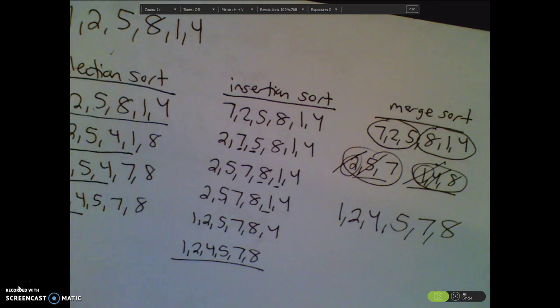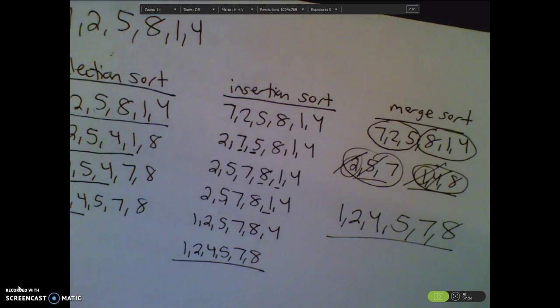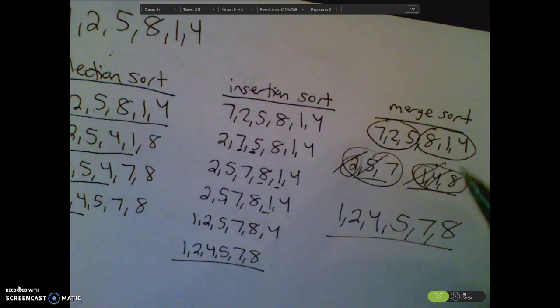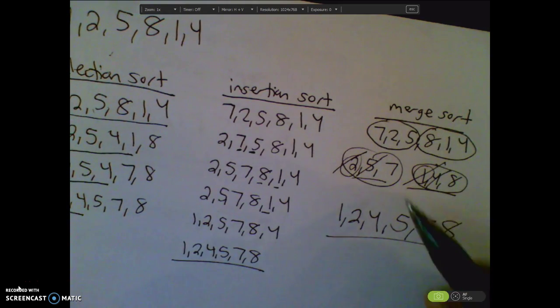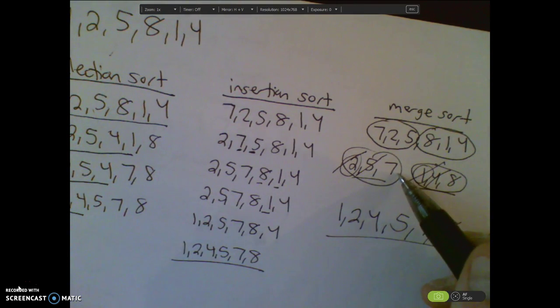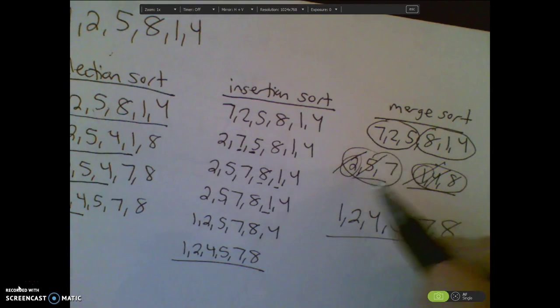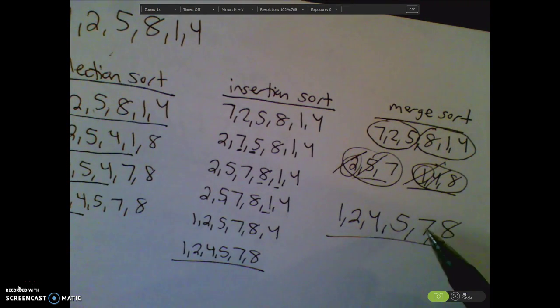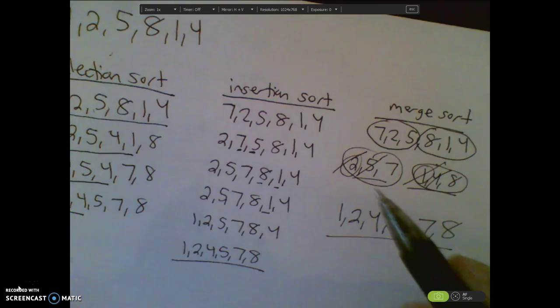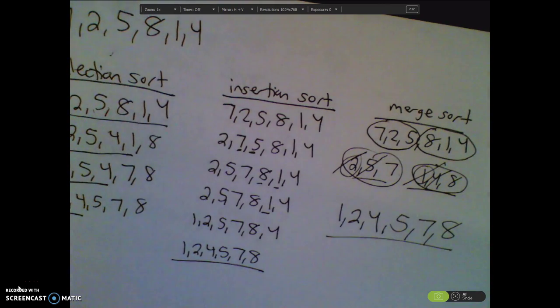So that's 1, 2, 4, 5, 7, 8. That is merge. You probably won't have to do the recursive part of this, but you can expect to be able to do the merge part, which is, you have 2 lists, merging them into one list, basically checking to see which one's less, and then applying it to the final list. Okay, so those are the 2 searches and the 3 sorts.